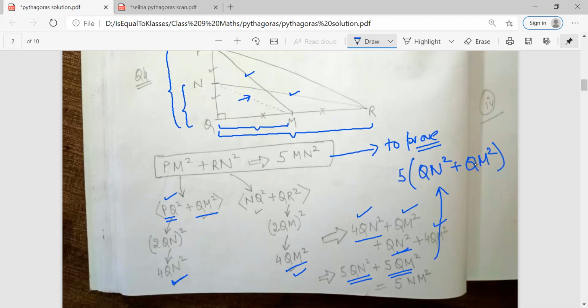And if I look closely at these QN square and QM square, what I will get, Mr. Rubin? I will get MN square. Any doubt? No, sir. This is equal to 5 times MN square.